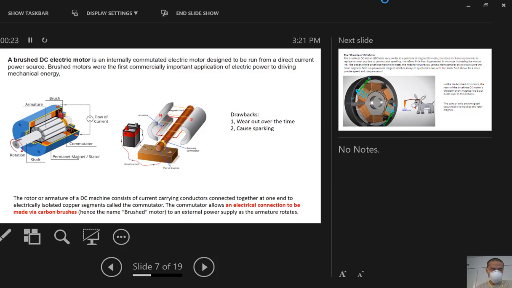Almost. Let's see. So I'll post the slides to the website. This is just something you should be aware of. The brushed DC motors wear out over time because there's friction between the commutator and the rotor, the shaft.